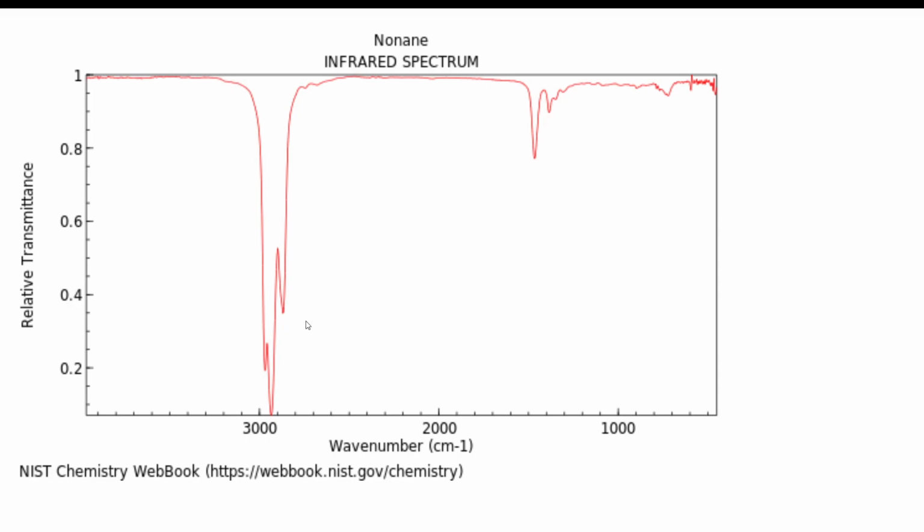We can take a look at this graph, and what we'll notice is that there's this big thing at 3,000, and because there's nothing else giving us a big indicator, we'd be able to say, all right, I am fairly certain that this is an alkane. I can say that because it looks like it just has carbon-hydrogen single bonds, and that's what it's telling us right here.